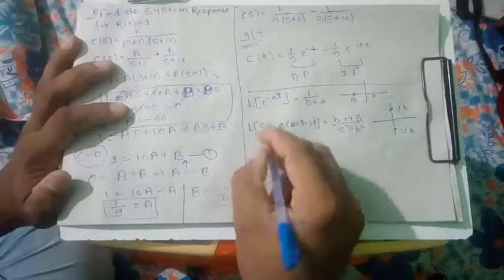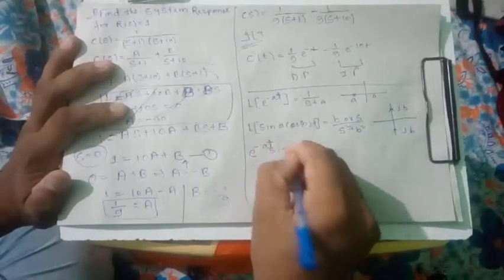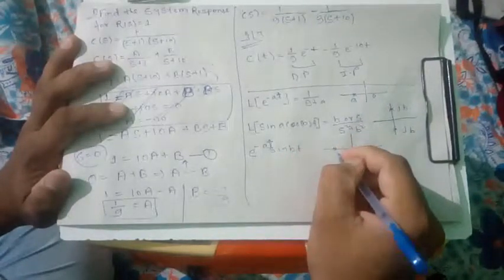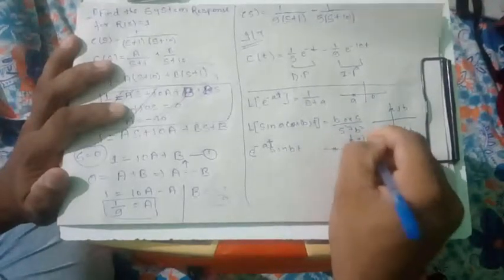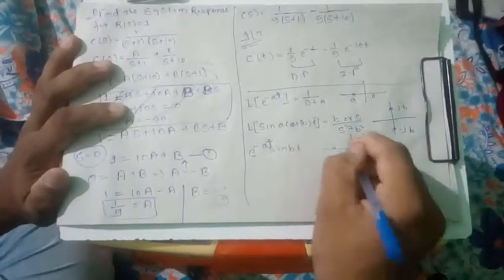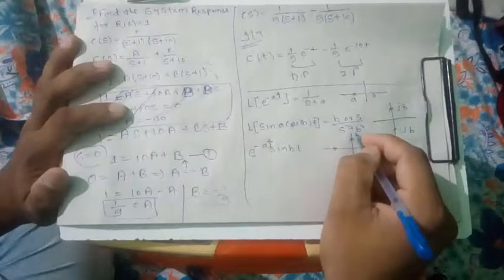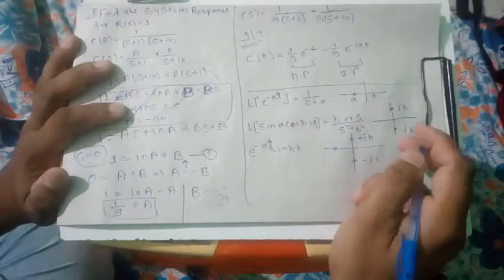If there is both exponential and sinusoidal, then of course for the exponential the pole is real, and for the sinusoid it is plus jb and minus jb.